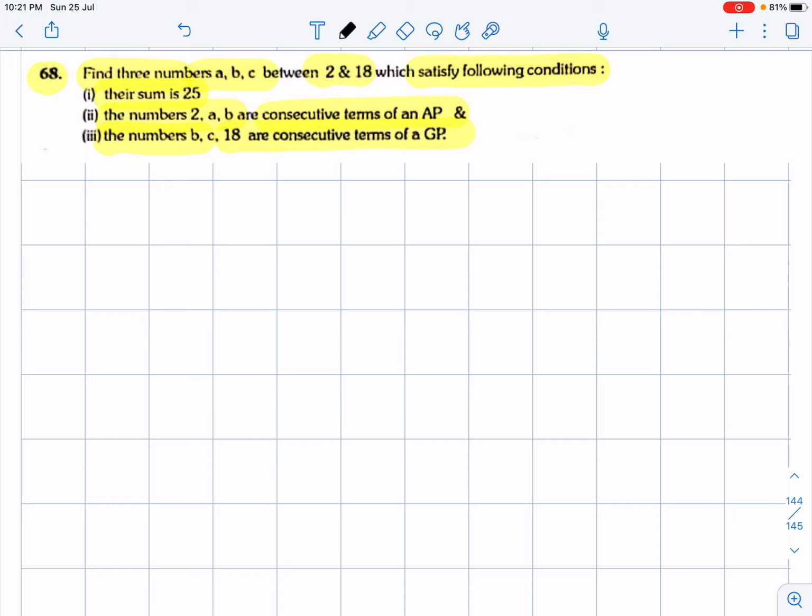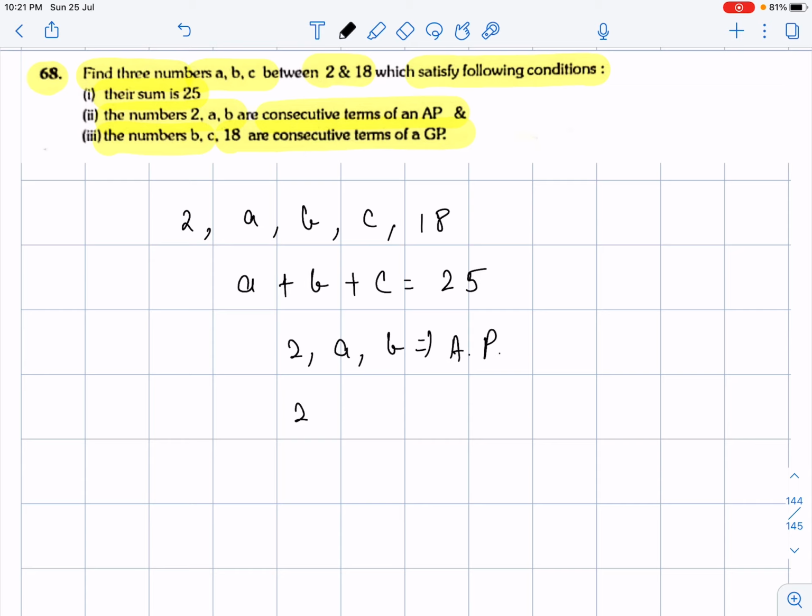So to solve this question, what all things are given to us? 2, A, B, C and 18 are given to us. What is the sum of A, B and C? A plus B plus C is equal to 25. Then 2, A, B are in an arithmetic progression.